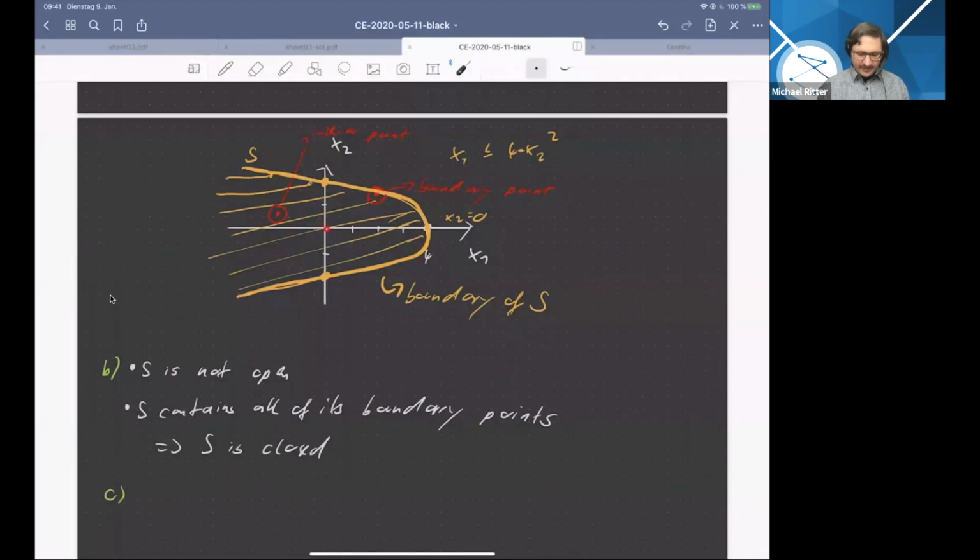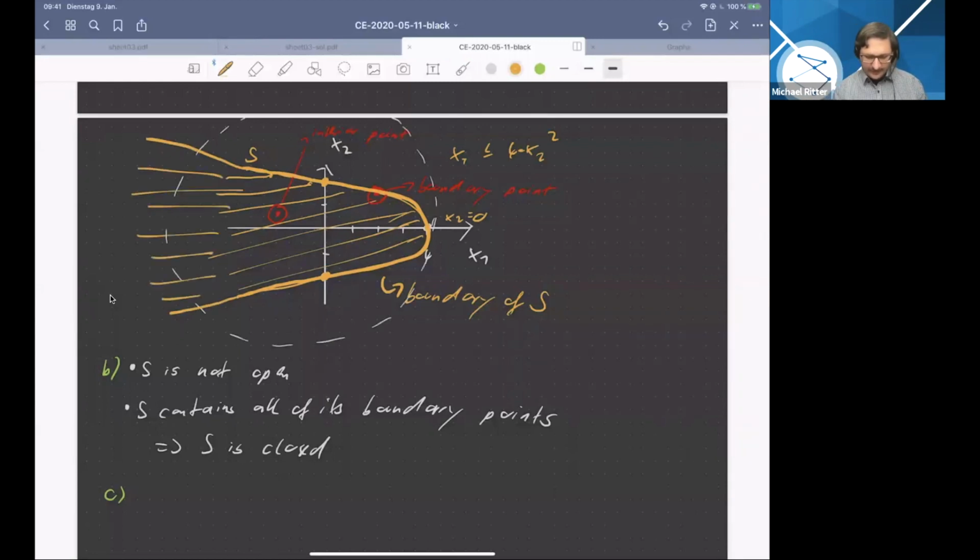Well, I'll have to make it at least this large here so that it also includes this point here. Of course, if I do that, I'll end up with a ball that looks somewhat like this. And of course, I didn't draw that, but the set extends beyond that ball, to the left. So obviously, this is not sufficient.